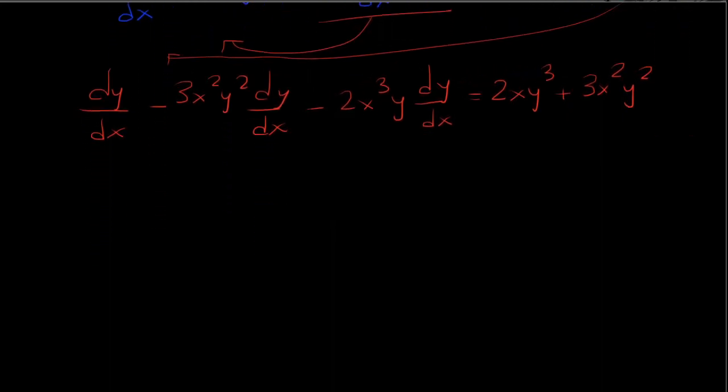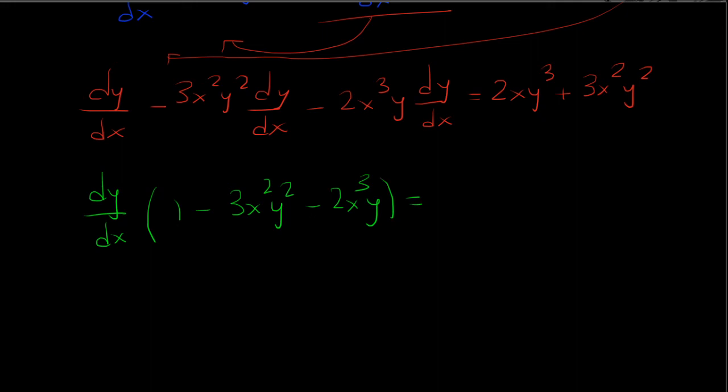The next step, we're going to be factoring out a dy over dx. So I have 1 minus 3x squared y squared minus 2x cubed y, and that's going to equal 2x y cubed plus 3x squared y squared.